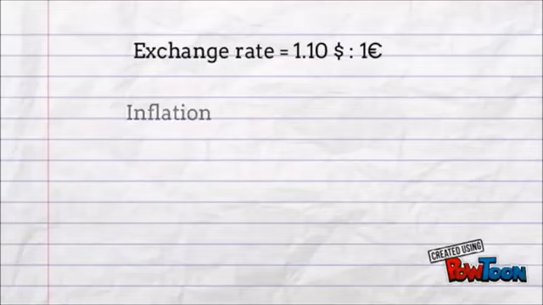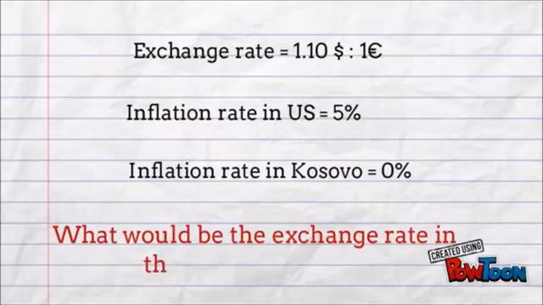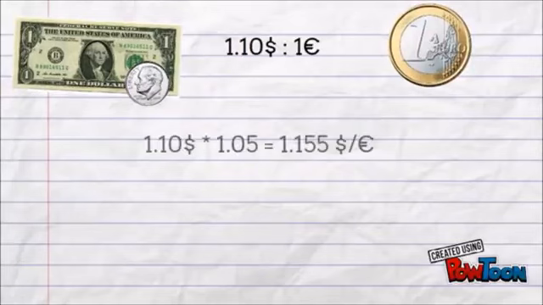Let's say that the current exchange rate is $1.10 per euro. Now, suppose that the inflation rate in the US is predicted to be 5% in the upcoming year, while in Kosovo we predict a 0% inflation rate. What would be the exchange rate in the upcoming year? If we expect US prices to increase by 5%, we calculate the following: 1.10 US dollars times 1.05 equals 1.155 US dollars per 1 euro, which is the new exchange rate.